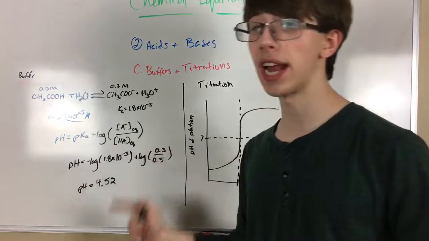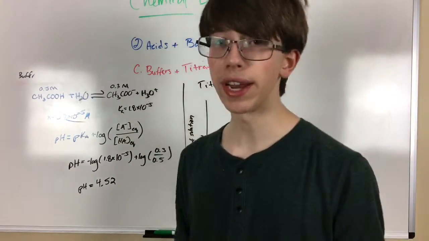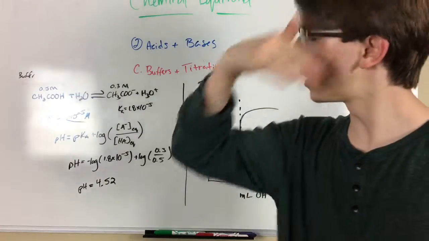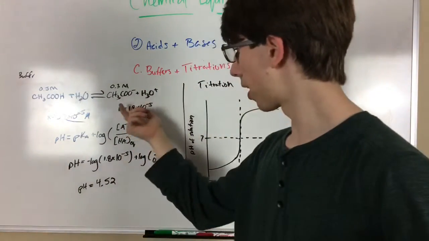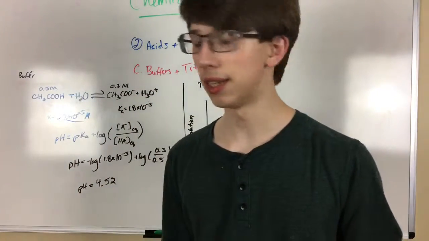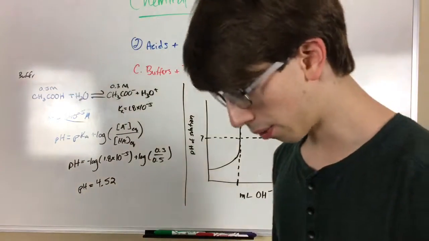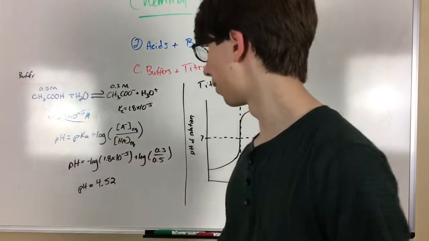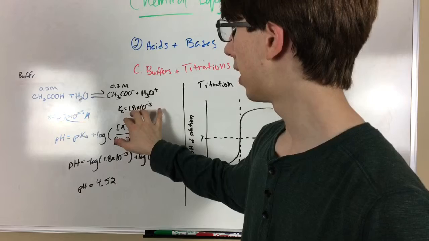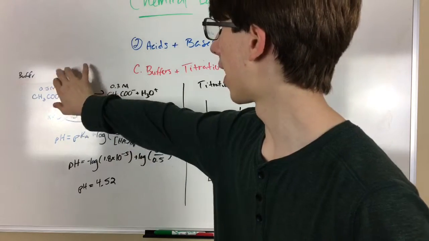And so this one, you have to be careful with it. You will always get it right if you do the ICE table and the expression for the equilibrium constant. But if you're in a rush, this is very useful, especially if it's a very weak acid, meaning the Ka is very small and you have very high concentrations.